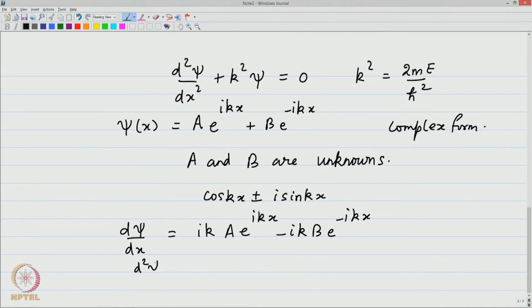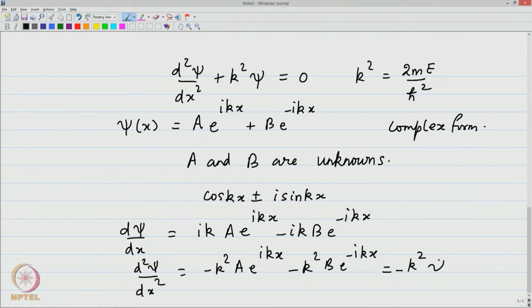Therefore, if you take the second derivative d square by dx square, there is another i k, so this becomes i square k square, which is minus k square A e to the i k x, and there is a minus i k and another minus i k for one more derivative. Therefore, it is also minus k square B e to the minus i k x, and you see that this is immediately minus k square times psi, thus getting back the equation.